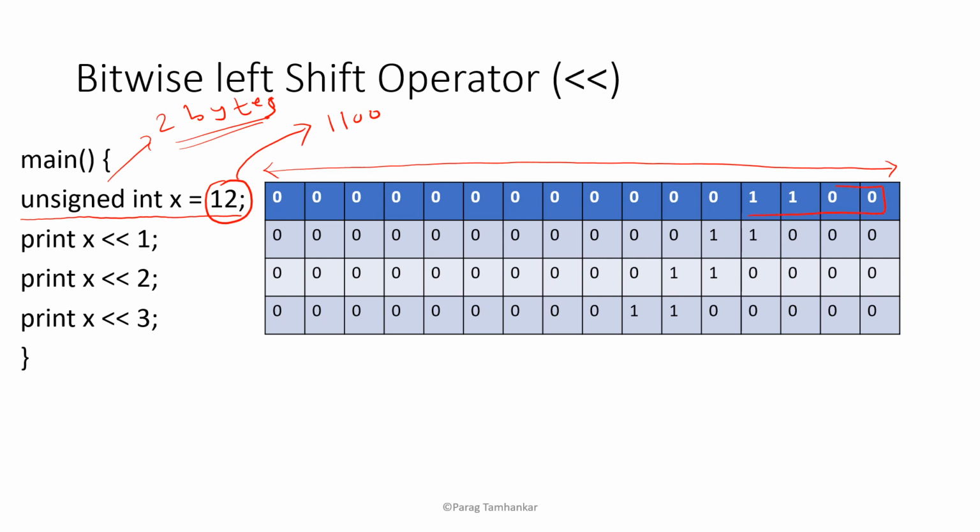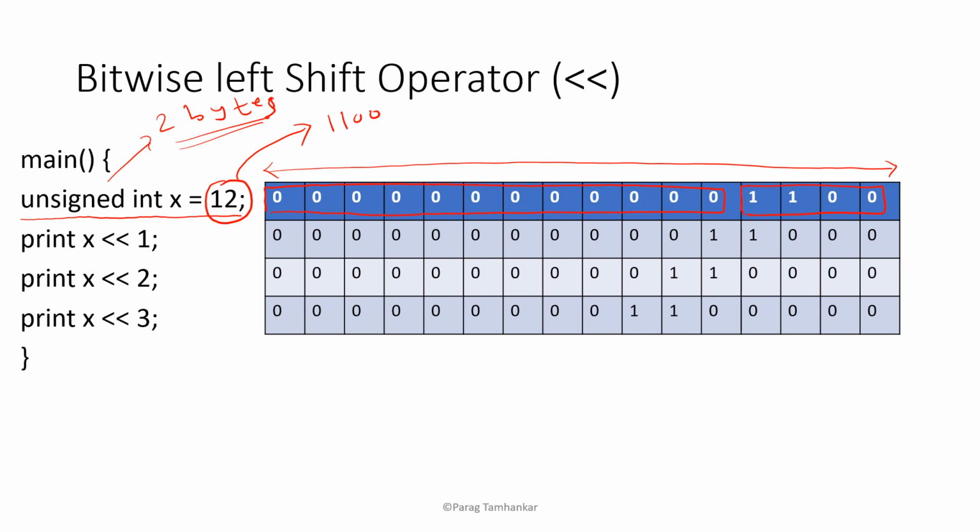The least significant bits are 1100 and the most significant bits are all 0. These are the zeros we have.